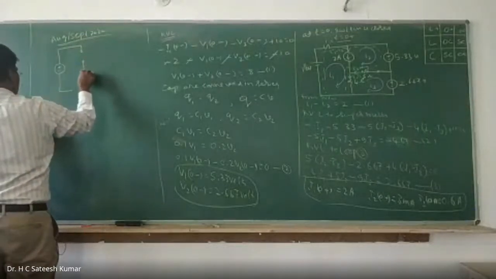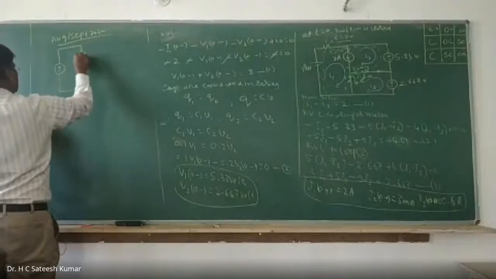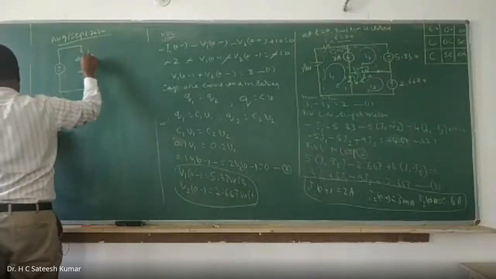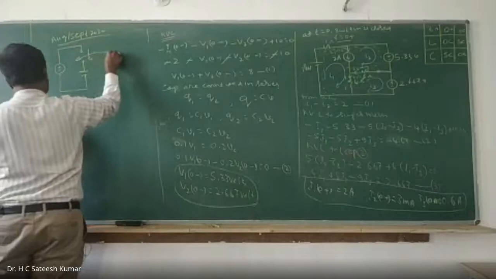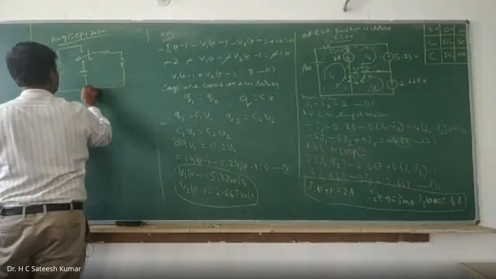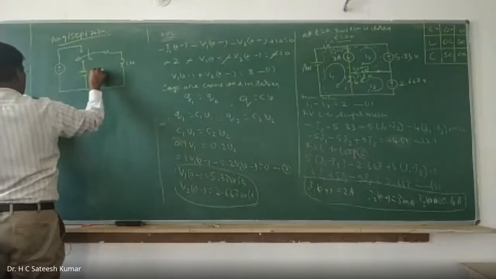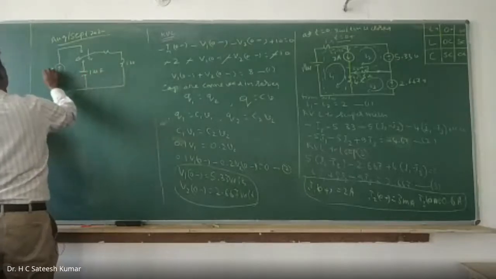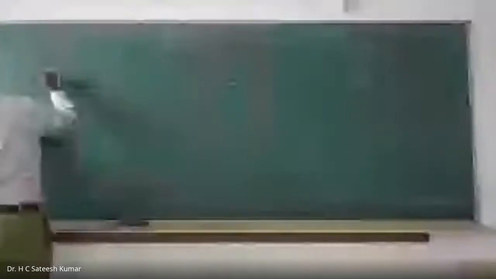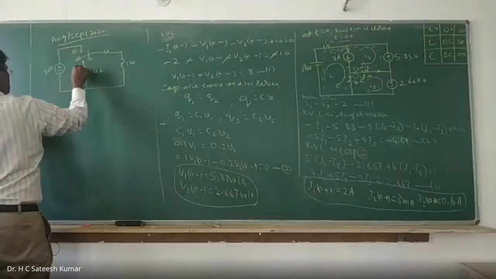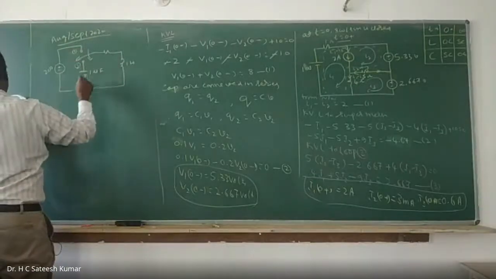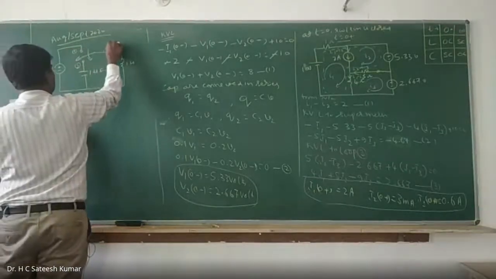So this is your capacitor here. Switch closing, and there is a resistor and 1 henry. This is 1 henry, and this is 1 microfarad, 20 volts. This is switch position 2, and this value is 10 ohms.